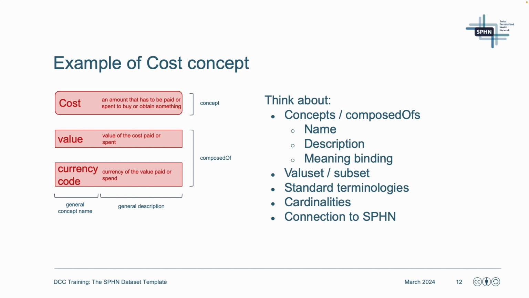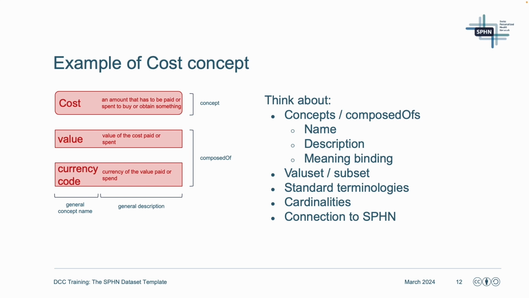Before filling the dataset template, though, the project needs to go through the whole process of semantically and accurately defining what and how they want to represent this information. So you need to think about the name, descriptions, possible meaning bindings, possible value sets that can be used for restricting the value space of a property or composed of.